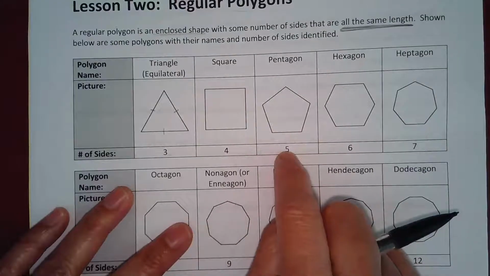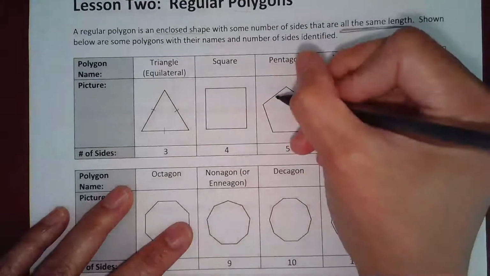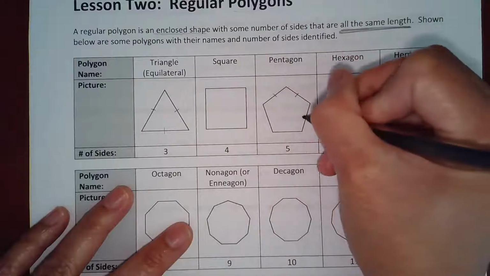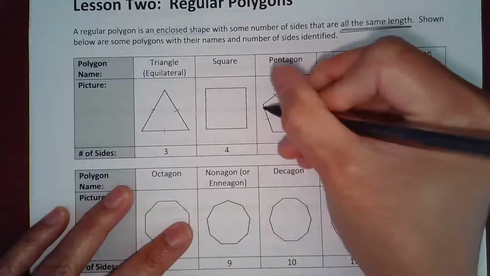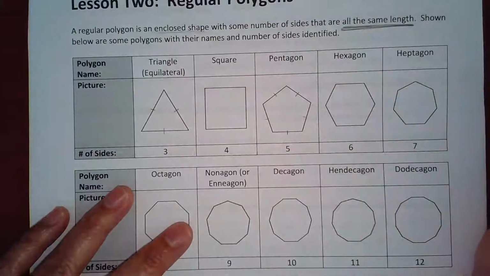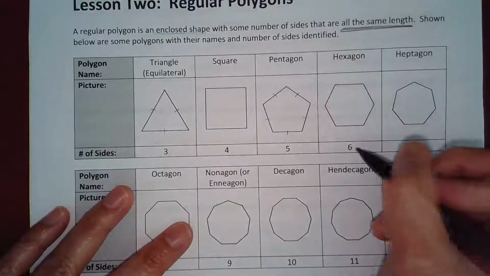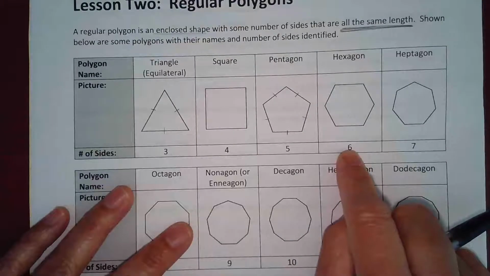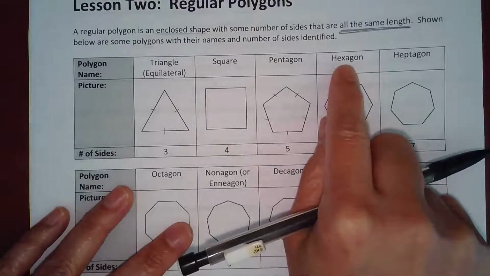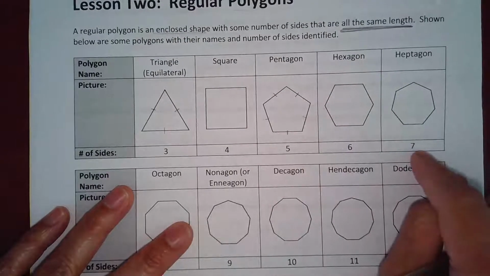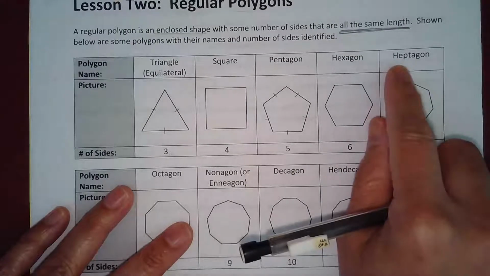So a five-sided polygon, it means all five of these sides are equal. That means all the same length. And it's called a pentagon. A six-sided regular polygon is called a hexagon. Seven-sided is called a heptagon.